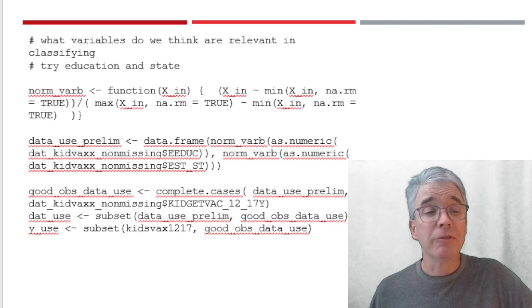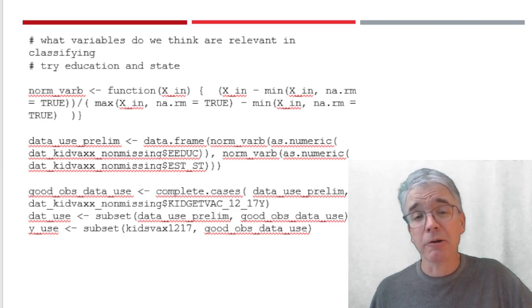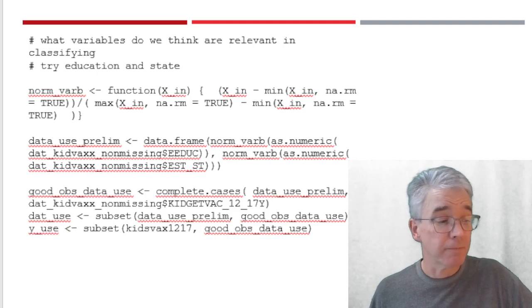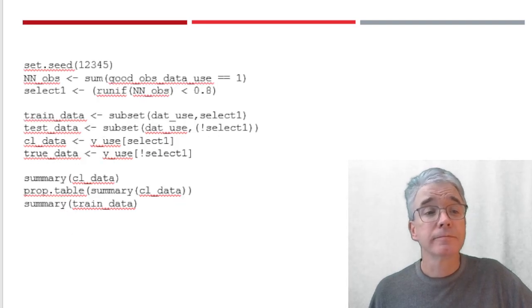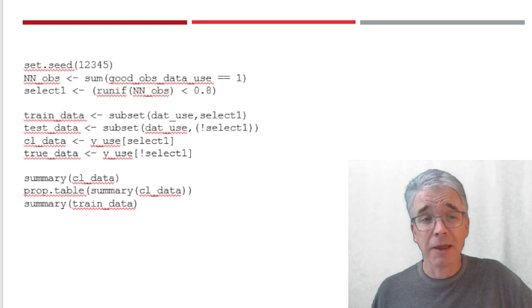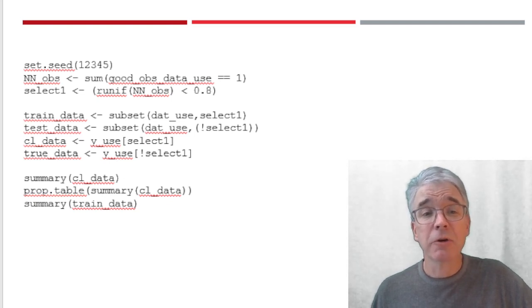So I put these elements into a data frame, pick up only the complete cases because this particular algorithm will choke if it has missing values. Let's talk about the plan. In many machine learning estimations, and again and again in this class, we're going to split the sample into two groups, the training group and the test group.